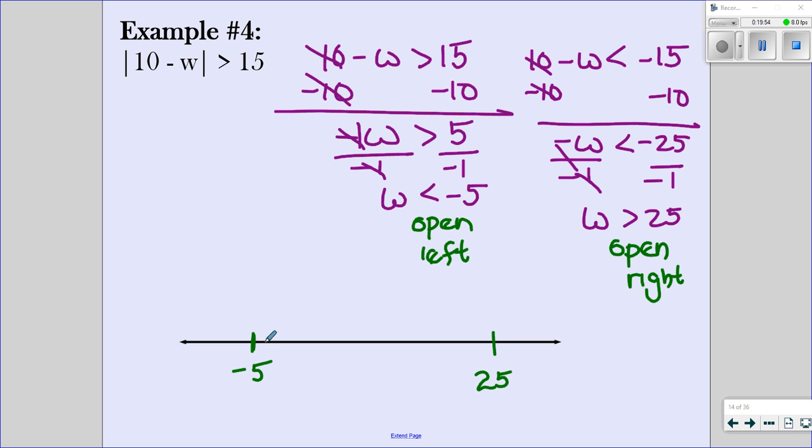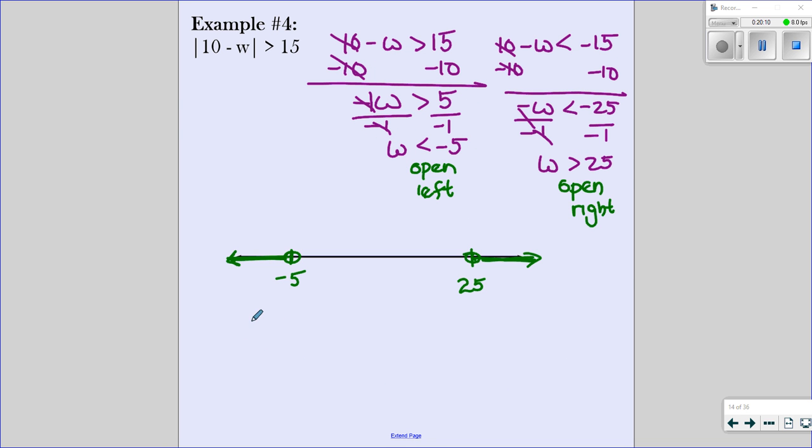So I'm going to start here, so I'm going to the left, and then this one's going to the right, and it's an open circle. And then the absolute value inequality statement will be, since it's W, W less than negative 5 or W greater than 25.